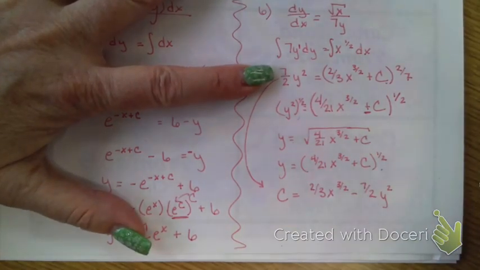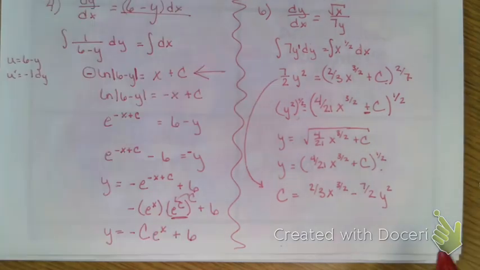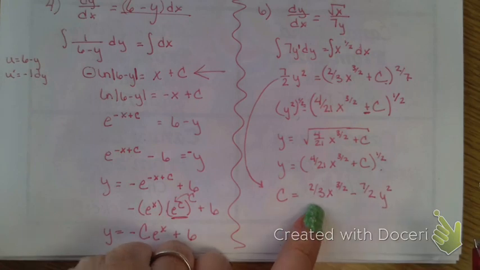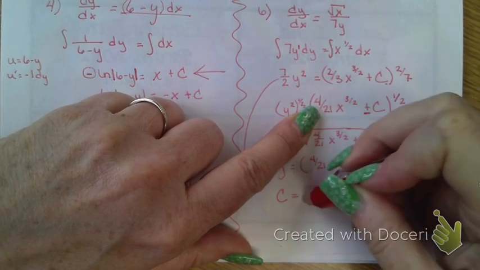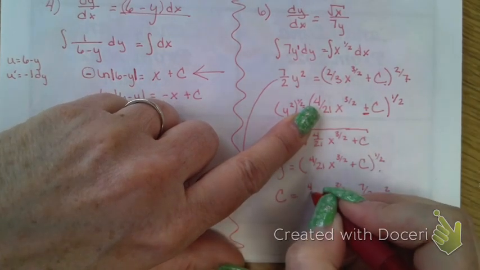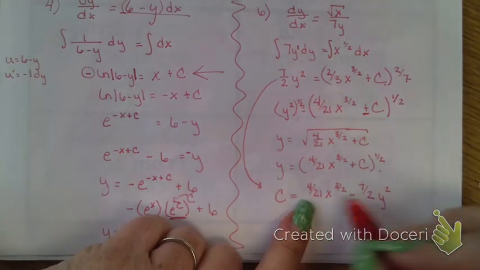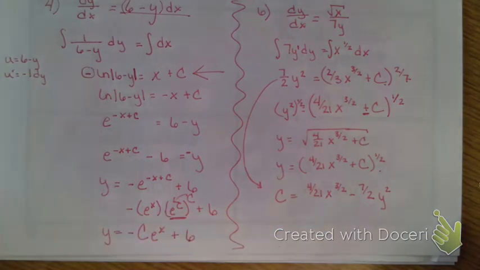When I'm there, though, I probably should get rid of my, where did I put 3/2? That should be 4/21, shouldn't it? Okay. When I'm here, should I get rid of my fractions? Yes.